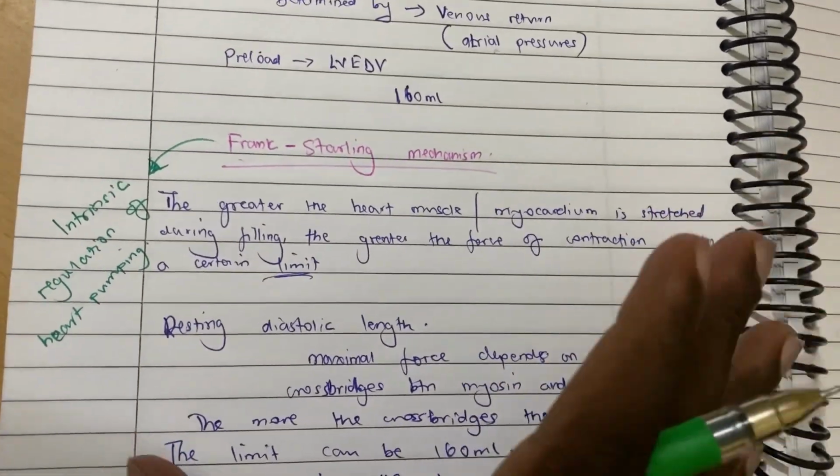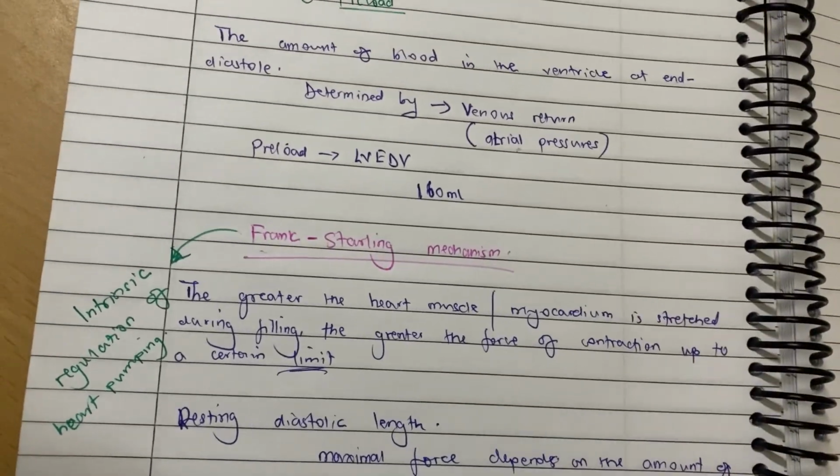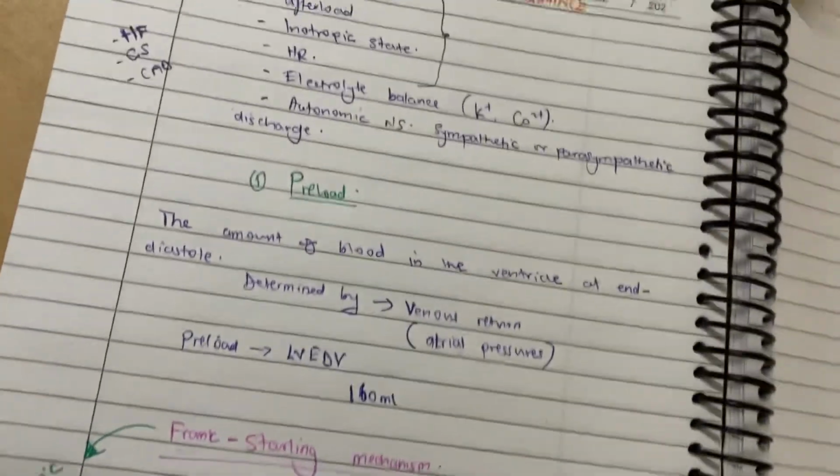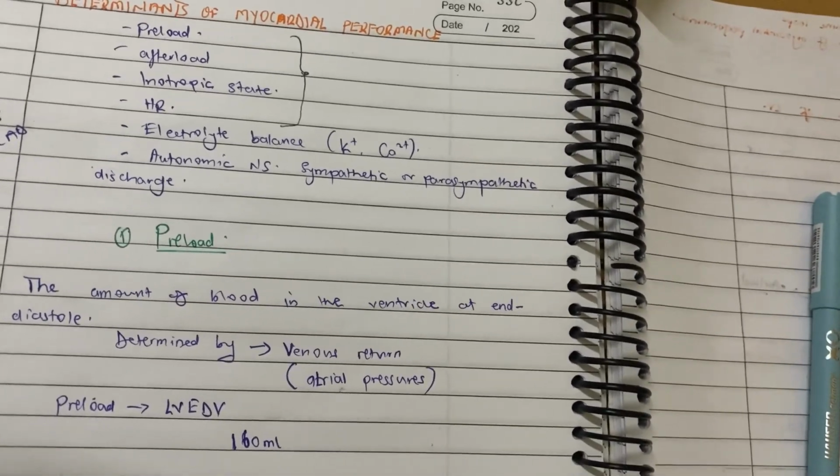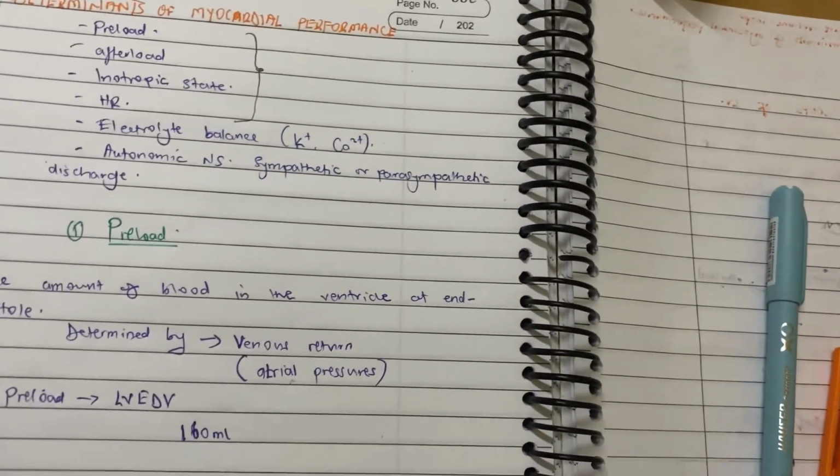So this is the Frank-Starling forces, and this is how preload is going to affect myocardial performance.